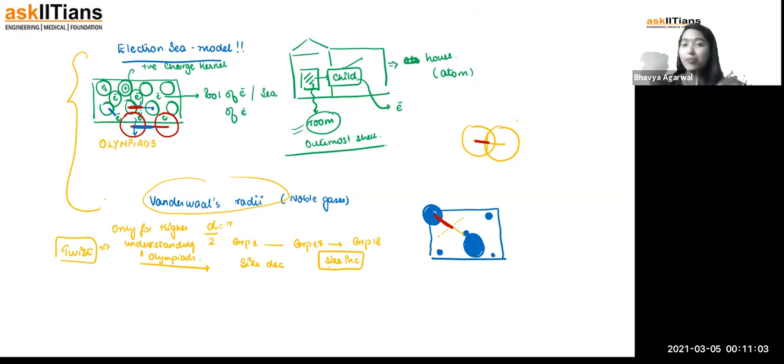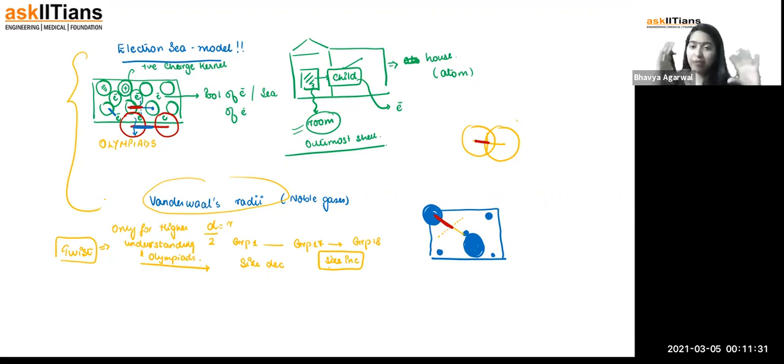That is not the right comparison. If you are comparing things, you have to compare them on the same grounds.